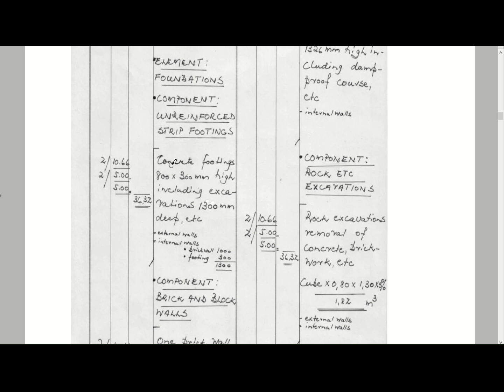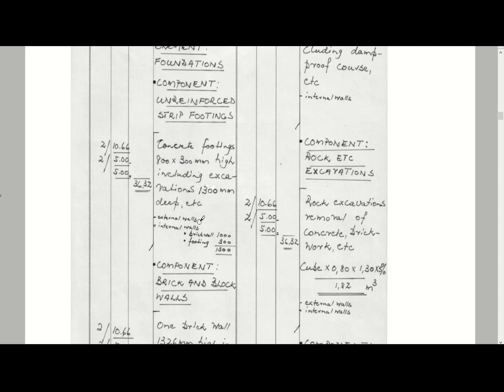So the main thing is, this is just a place where you can do your measurements so that you can make up collections and actually take that over to your elemental estimate. You can even take these dimensions over to your bills of quantities later on, and that's what makes it very nice if you do it in this way, although you don't have to worry too much about it.